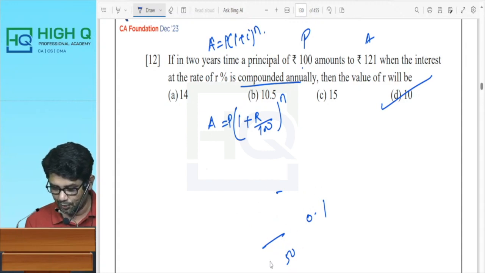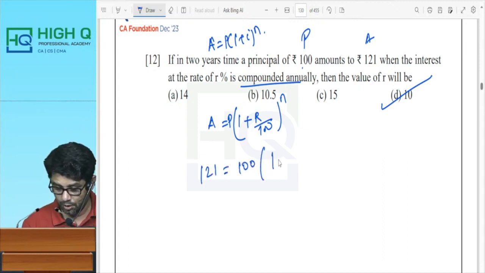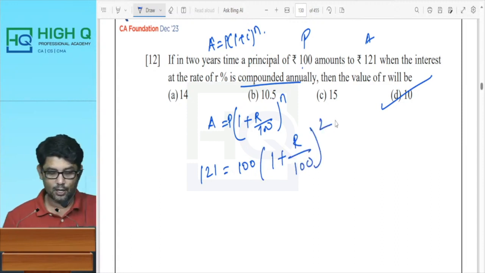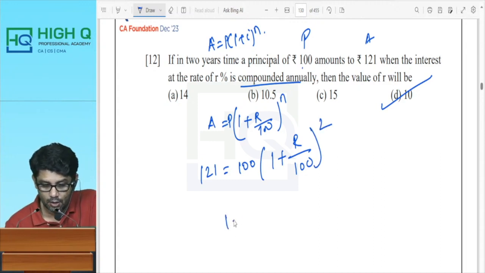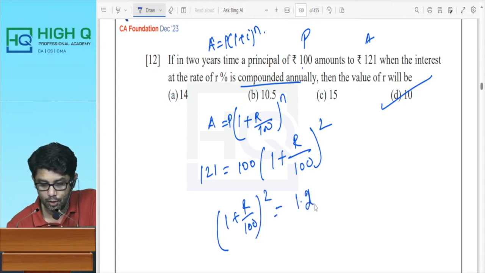This is the reason I don't use the actual method. See, 121 is equal to 100 into (1 plus R by 100) whole square. Now is it right? (1 plus R by 100) whole square is equal to 1.21.